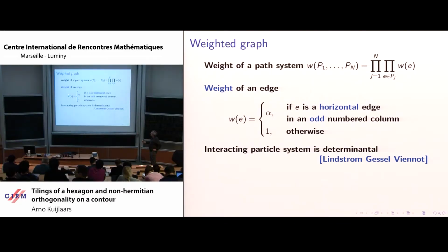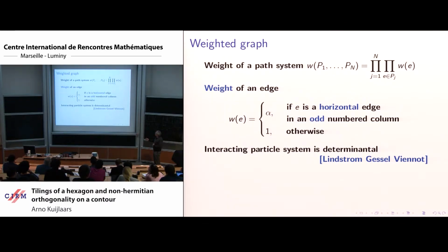So that's the weight of an edge, and if you then have a system of these such paths that are non-intersecting, and here's such a path system, P1 to Pn, then the weight of such a path system is just the product over all edges that are covered by all these paths, right?